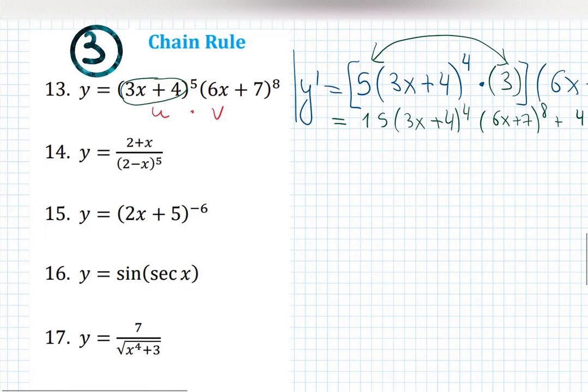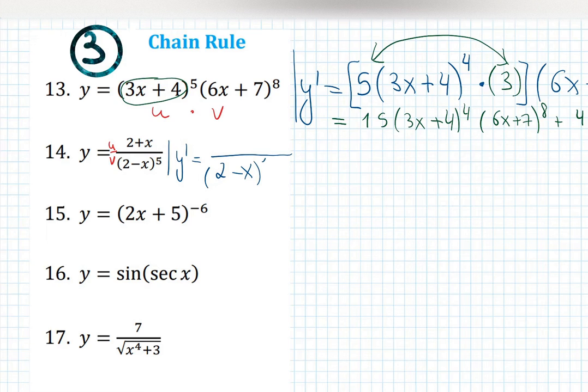Next one is a quotient rule. And when we're going to be doing quotient rule, we will have to use chain rule at the bottom for the function at the bottom, because it's 2 minus x raised to the 5. Y prime is square the denominator, 2 minus x, 5 times 2 is 10.